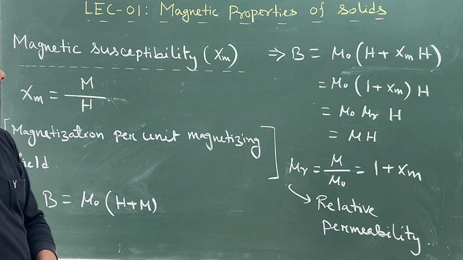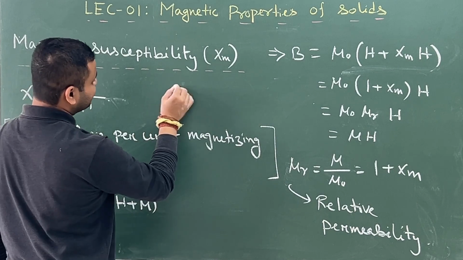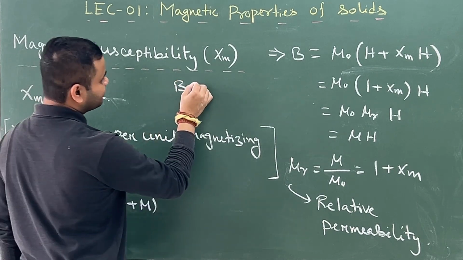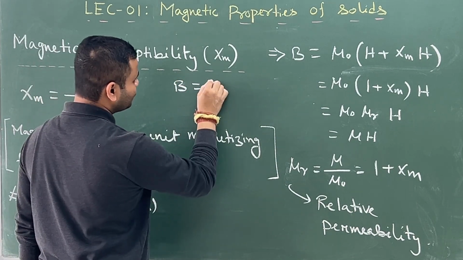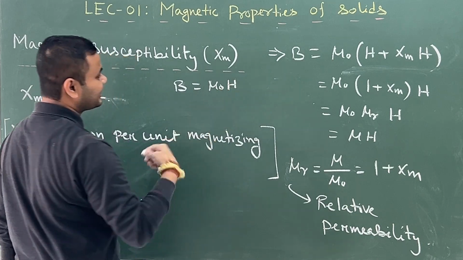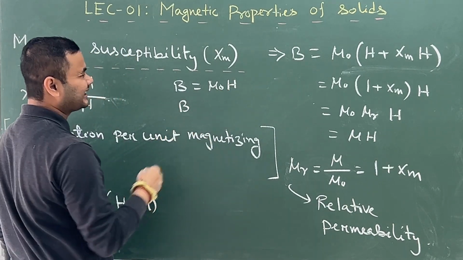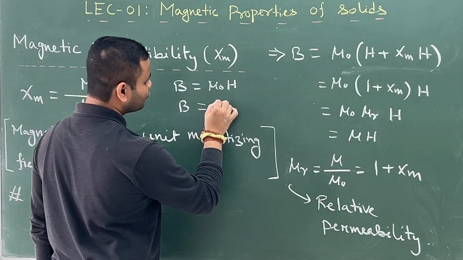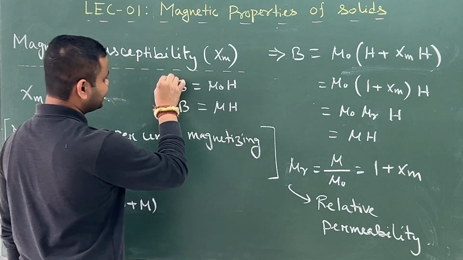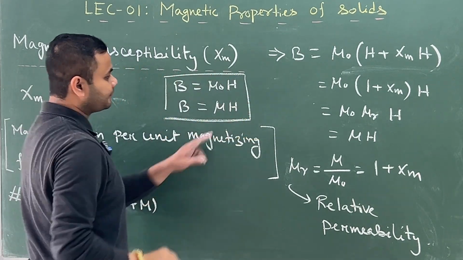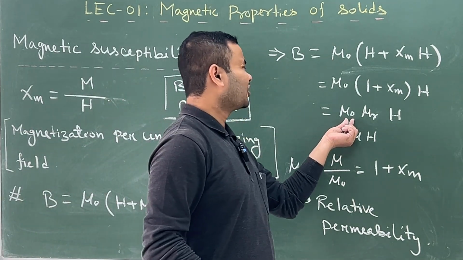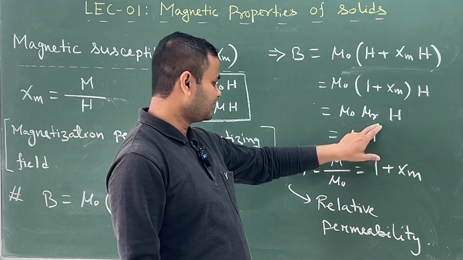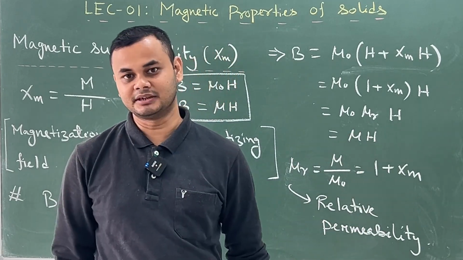So from these discussions we have learned that in vacuum the value of magnetic field will be mu naught into H, and the value of magnetic field in any medium will be equal to mu into H, where mu is mu naught into mu r, and mu r is known as the relative permeability.